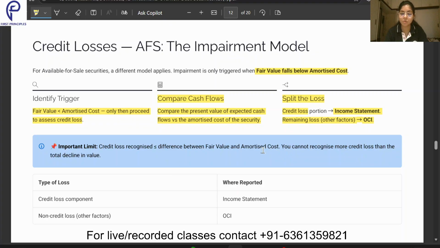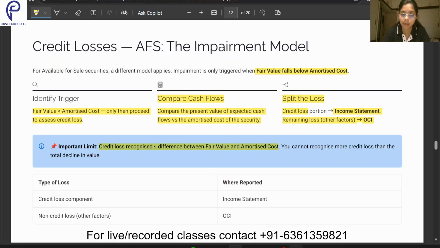You cannot recognize more credit loss than the total decline in value. My credit loss should be equal to or lesser than the difference between the fair value and amortized cost. We cannot have a credit loss more than the actual decline in value.